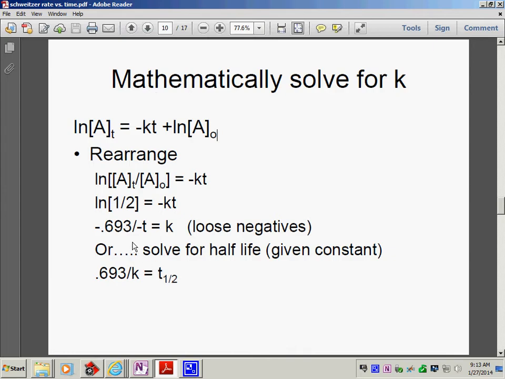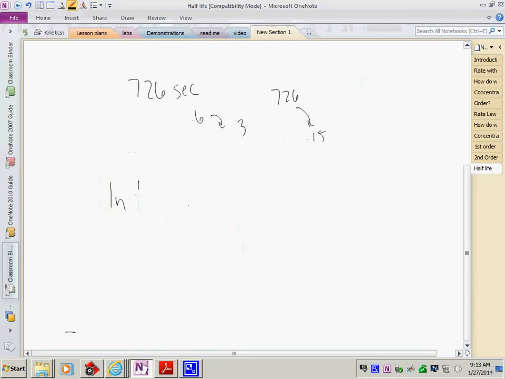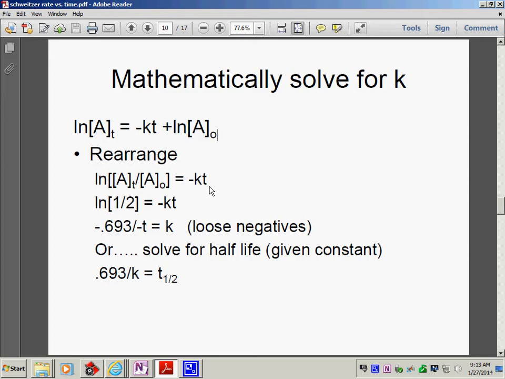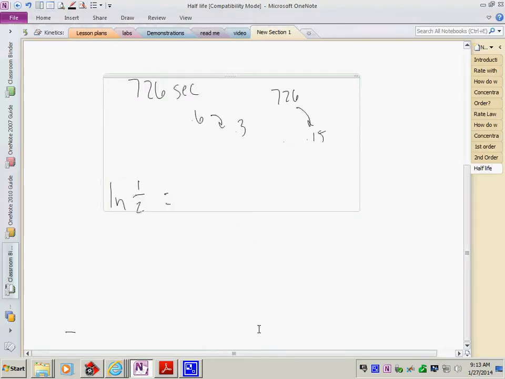The natural log of 1/2, and if you go 0.5, the natural log, okay, so it's going to be, in this case, natural log of 1/2 equals, I just subtracted that thing off this other side, so I took this guy, subtracted it off, leaves negative kt behind. That's important. So equals negative kt.